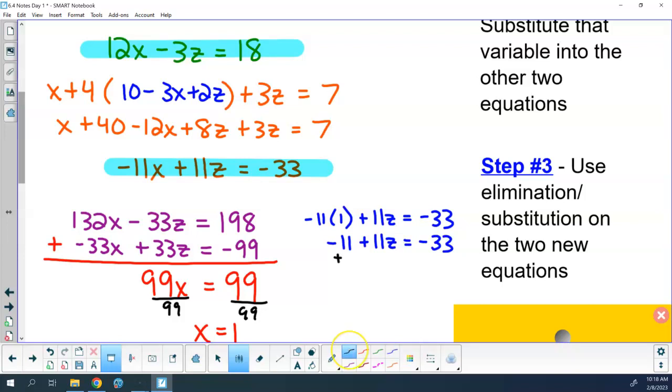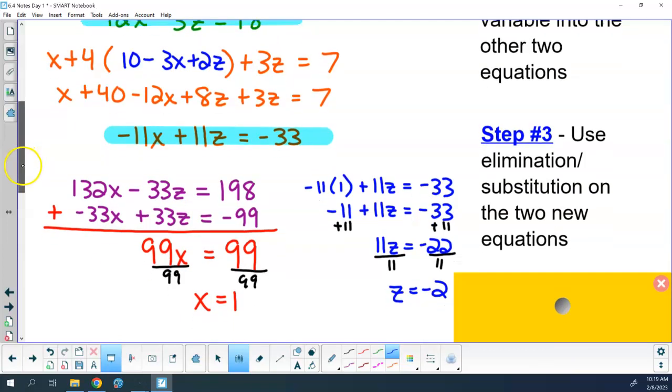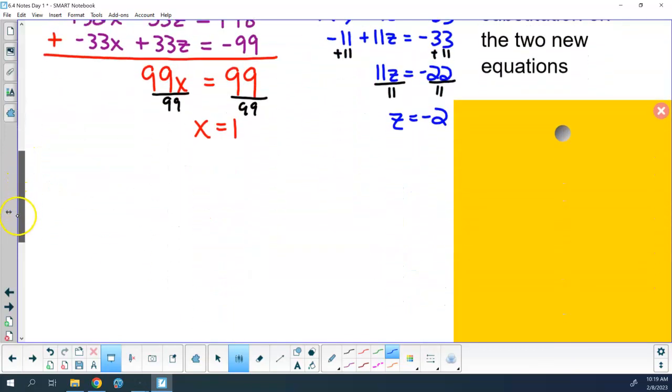Adding 11. Dividing by 11. So now I'm at x is 1, z is 2.